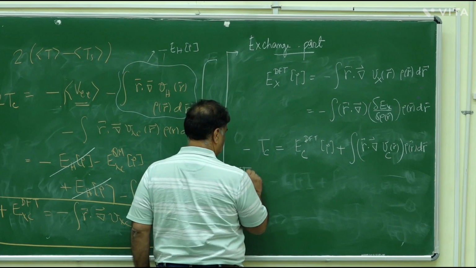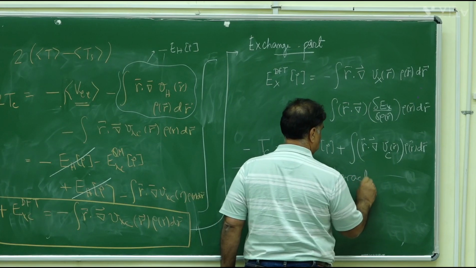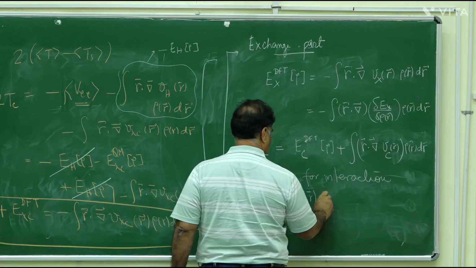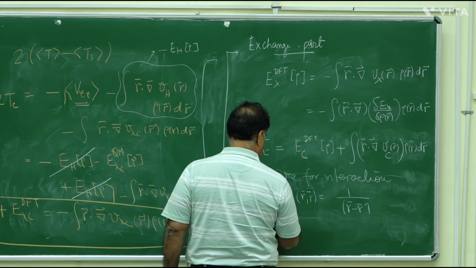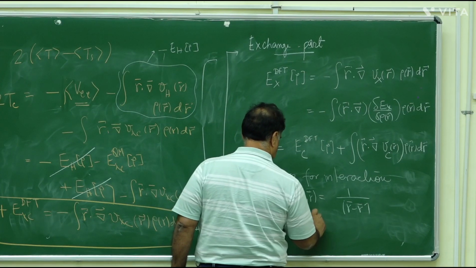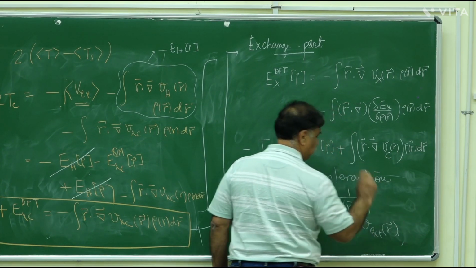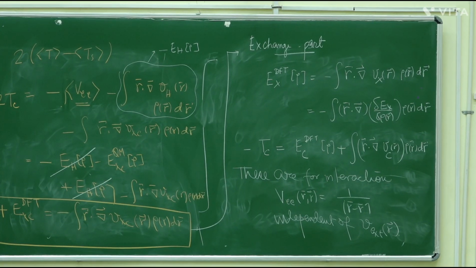So these are valid for the interaction V_ee(r, r') equals 1 over |r minus r'|, and independent of the external potential and r. Is that okay? Any questions on this?